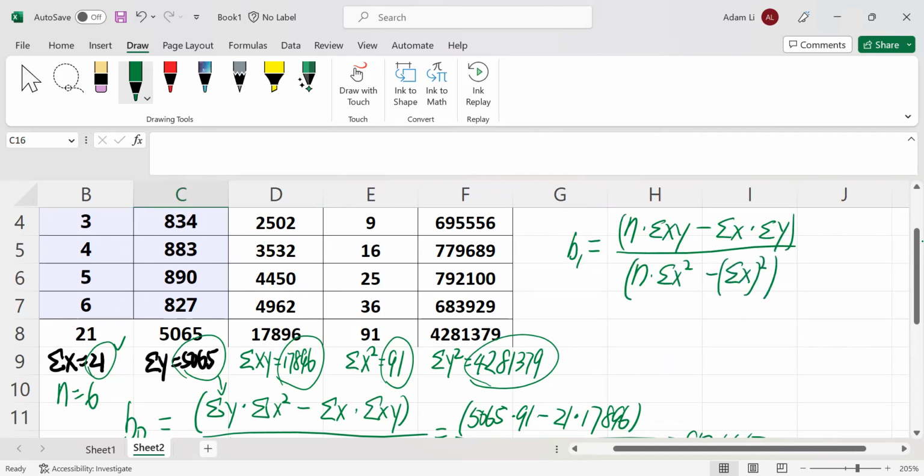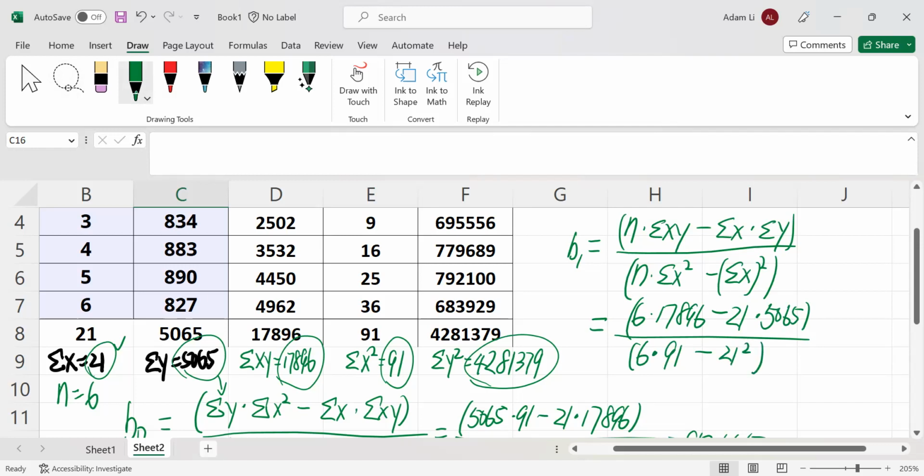Now one more time, I'm going to throw in all the numbers. 6 times total of XY, 17,896, minus total X, 21, times Y, 5065, over sample size 6 and total X squared 91 minus total X 21 squared.